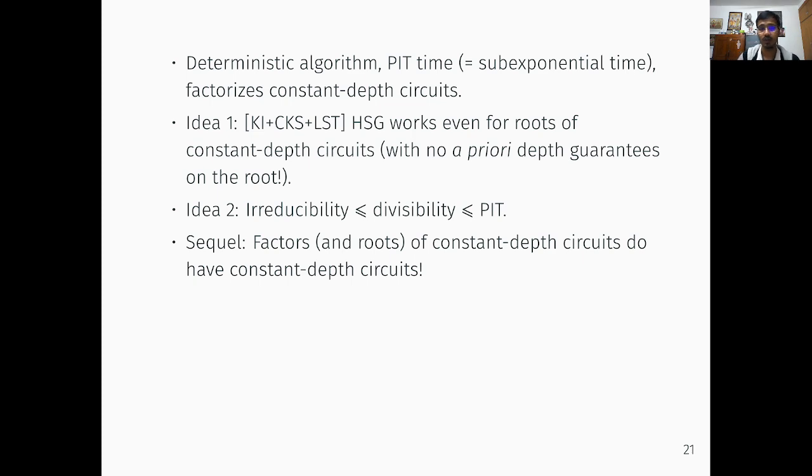In a sequel, in a bunch of works that we did after this paper, we show that factors as well as roots of constant depth circuits do have constant depth circuits themselves. And this uses a version of Lagrange inversion formulas from the 18th century.